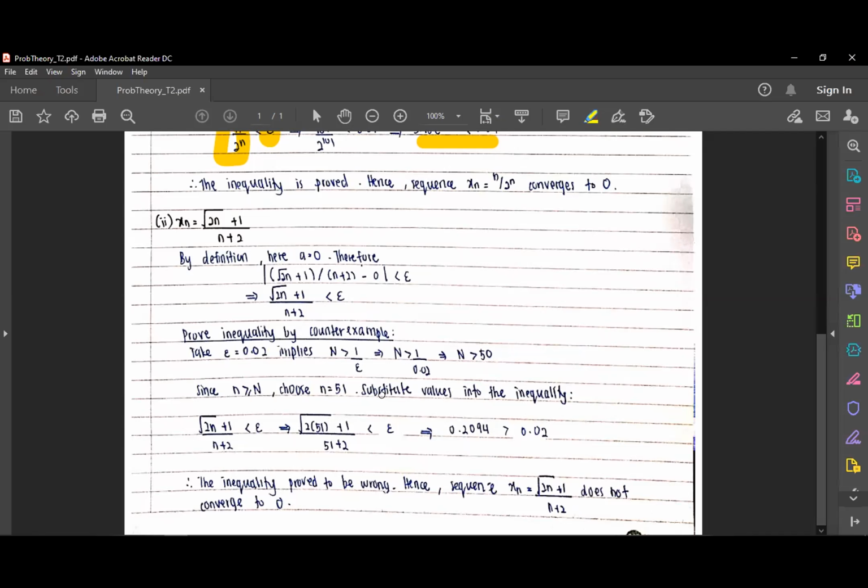I substitute the values, but it turns out that it is greater. I think the same problem. You impose some kind of arbitrary condition like n greater than 1 over epsilon. That is something that we have to show, but you immediately just impose that condition. So therefore the argument does not hold.